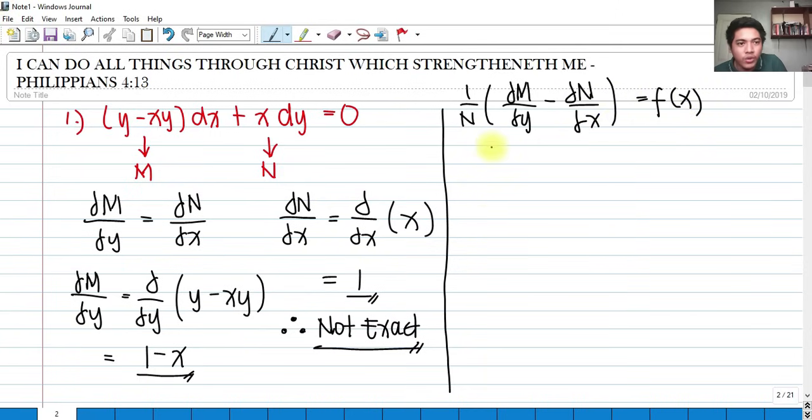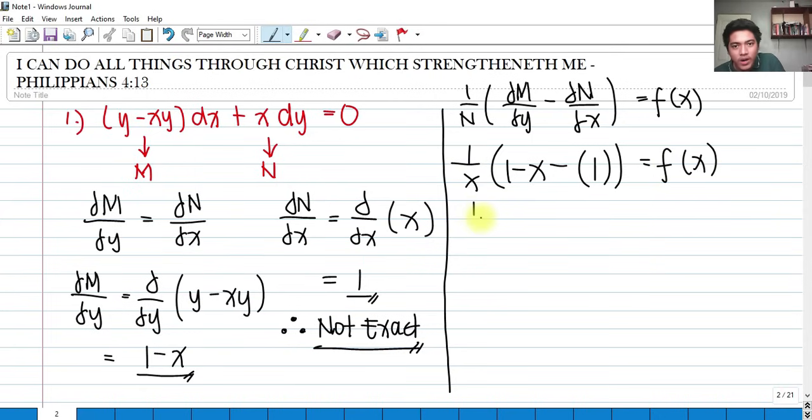So if we do that, 1 over N is 1 over x because N is x here, multiplied by the partial of M with respect to y, which is 1 minus x. We have solved it here. 1 minus x, minus the partial of N with respect to x, which is 1, is equal to f of x.